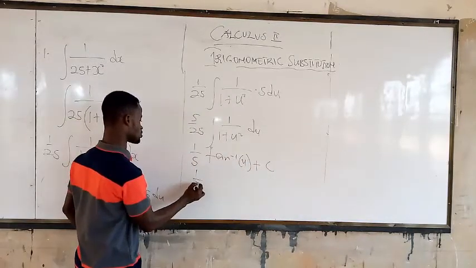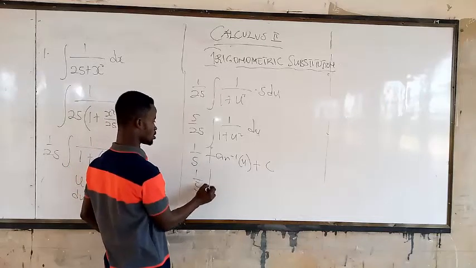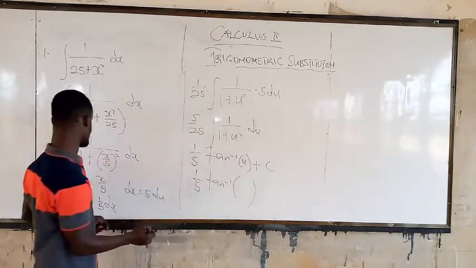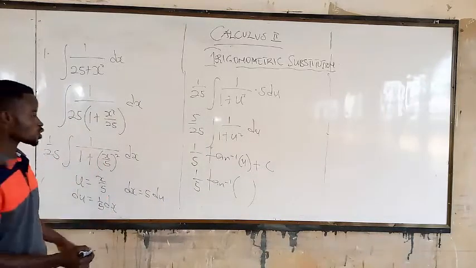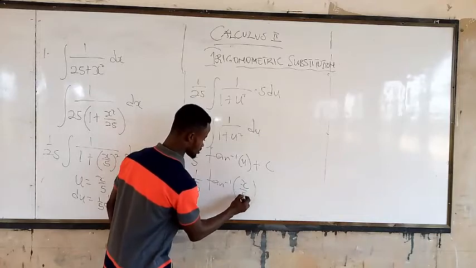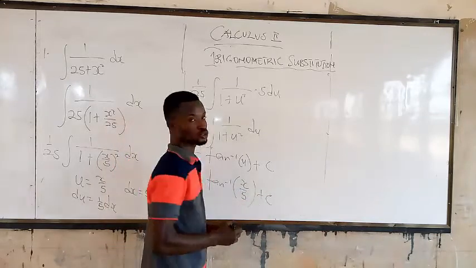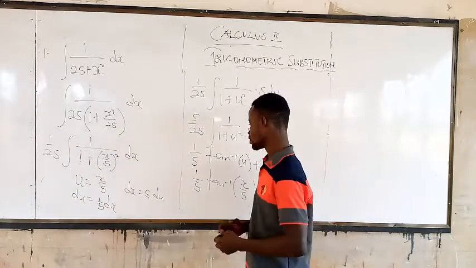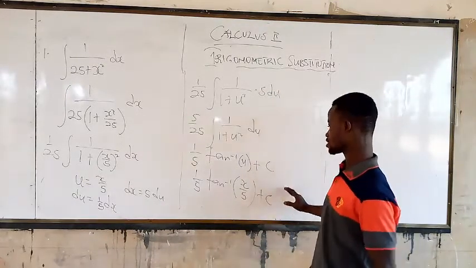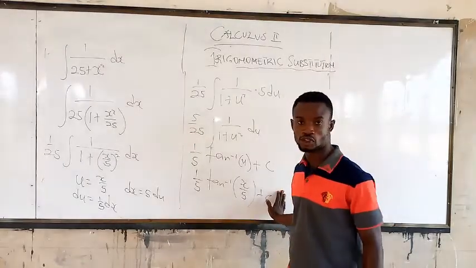And it's going to give us 1 over 5 tan inverse of u. And u is what? u is s over 5, plus c. So here I'm aware, and we know that we can solve this by inverse trigonometry, and I have taught you of that.